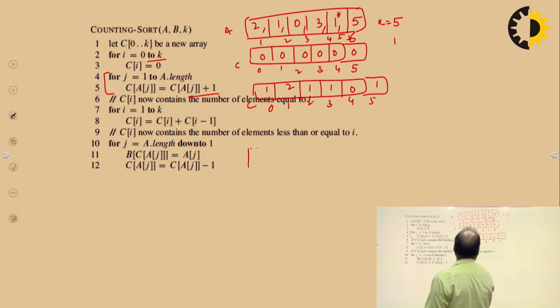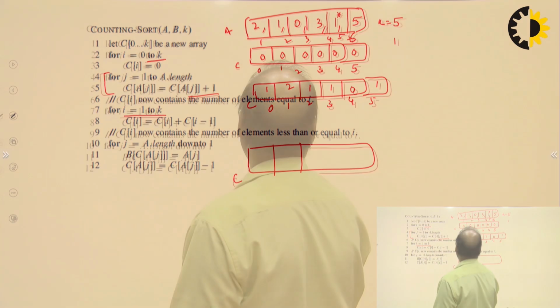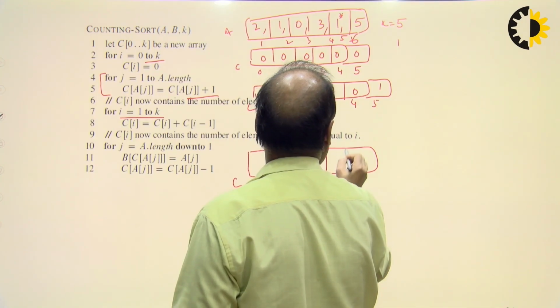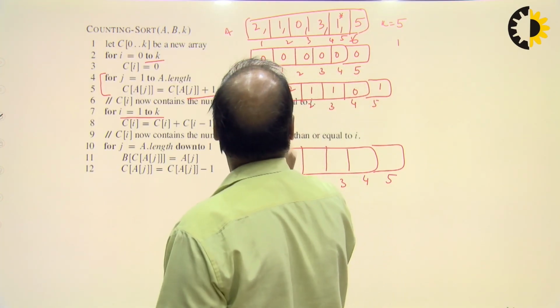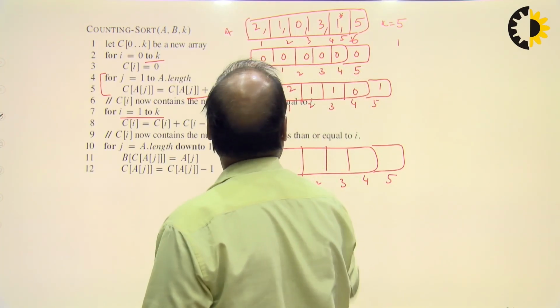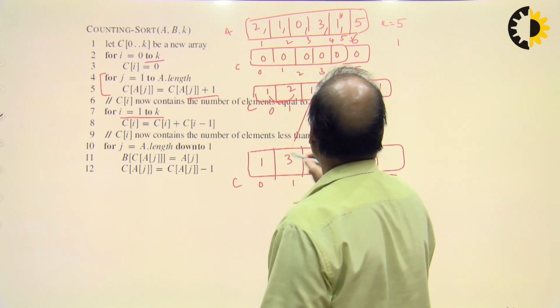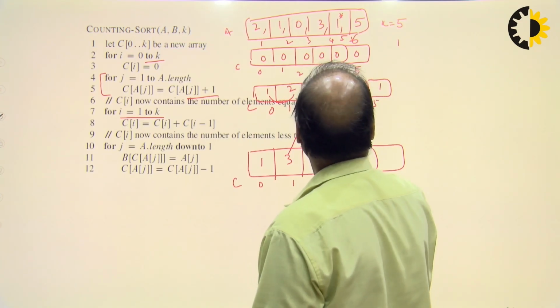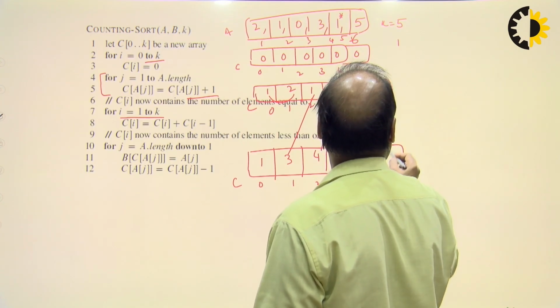After counting, what remains now is the cumulative count. Just calculate the cumulative frequency. So here I start from 1 to k: 0, 1, 2, 3, 4 and then 5. C0 remains the same, 1, and each next value is added to the previous one, so 3, and then 3 plus 1 becomes 4, 4 plus 1 becomes 5, 5 plus 0 becomes 5, 5 plus 1 becomes 6.